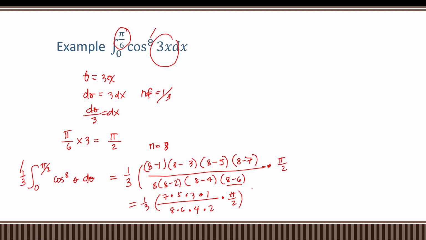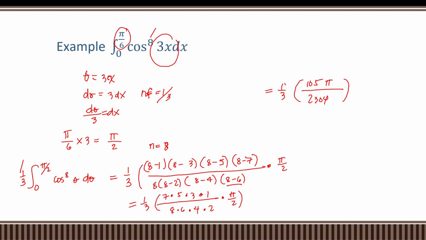If we multiply this, this is 7 times 5 times 3, times 1/3. 7 times 5 times 3 is 105, pi over 8 times 6 times 4 times 2 times 2 times 3, which is 2304.